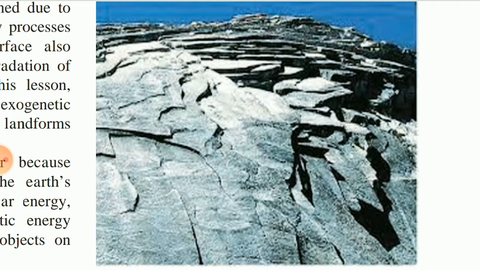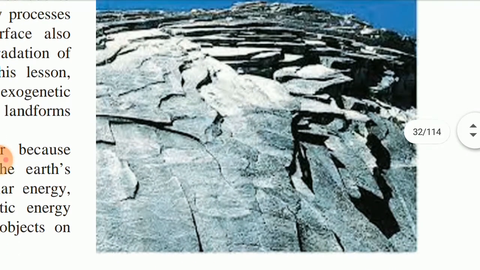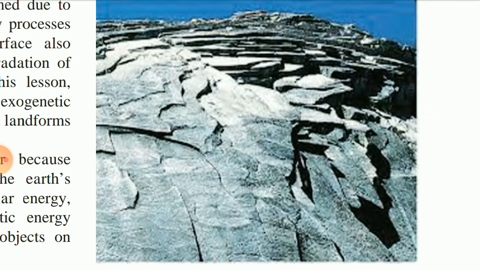So rocks have many minerals. These minerals get heated, and contraction takes place and expansion takes place, and therefore the rock develops cracks, and then the top layer of soil gets washed away and the parent rock remains back.